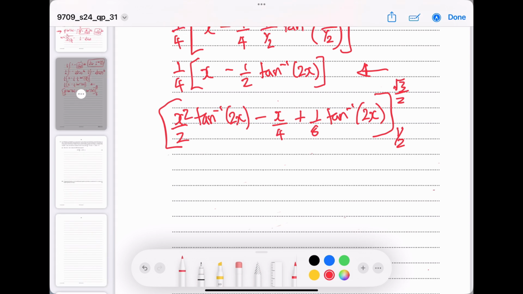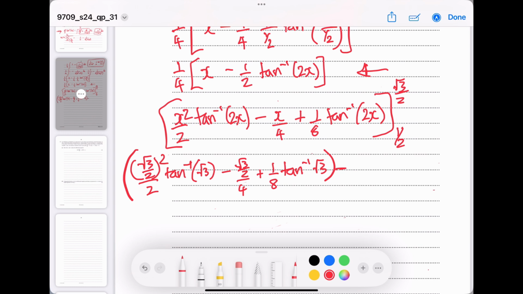So our final part to this question is to substitute in our limits. So we've got root 3 over 2 squared divided by 2 tan to the minus 1 of root 3 minus root 3 over 2 divided by 4 plus 1/8 tan to the minus 1 root 3.